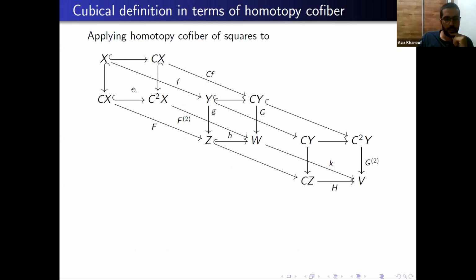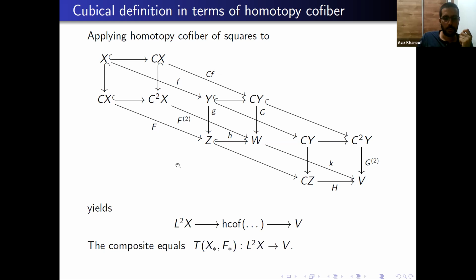From this square to this square we have a map, which induces a map from the homotopy cofiber of this square to the homotopy cofiber of this square, and another map to the homotopy cofiber of this square, I mean the middle square. If someone composes them, we get the cubical Toda. So in every order one can do that.